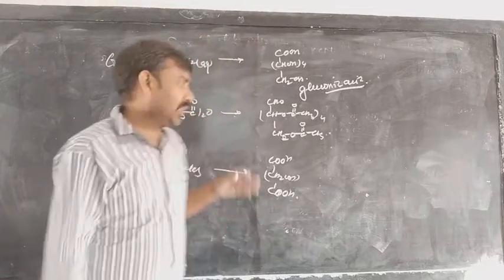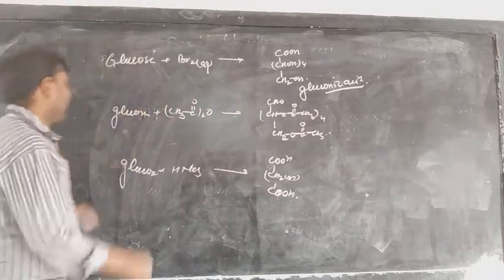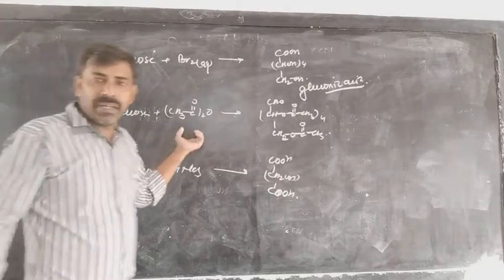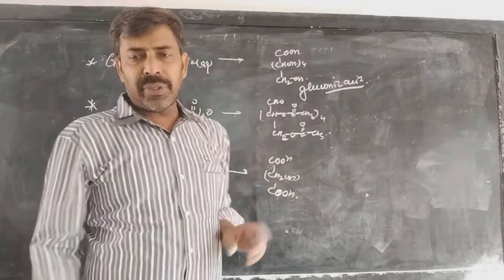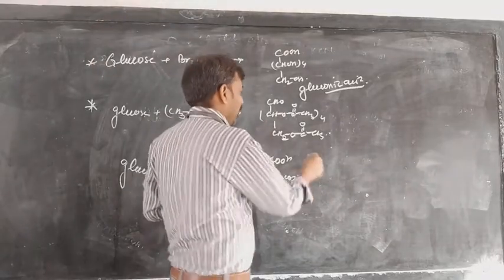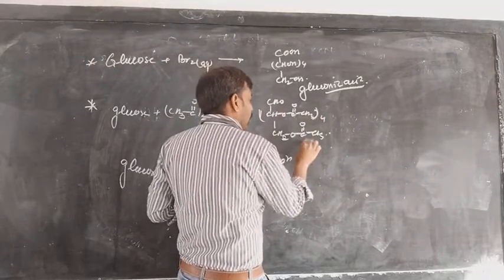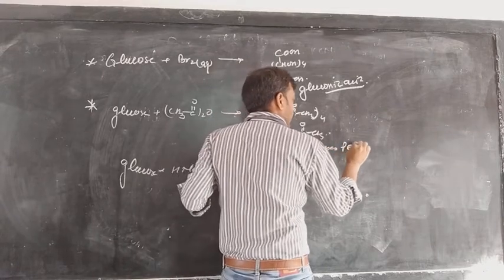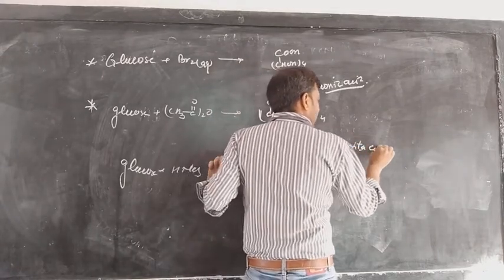Now in the next reaction, when you treat glucose with acetic anhydride, an esterification reaction takes place, and the compound formed is called glucose pentaacetate.